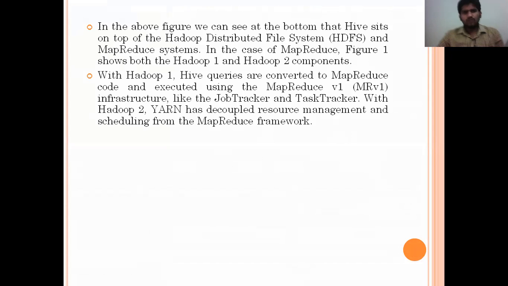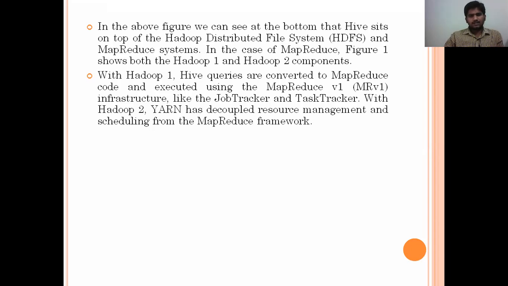With Hadoop 1, Hive queries are converted to MapReduce code and executed using the MapReduce MRv1 infrastructure like job tracker and task tracker. With Hadoop 2, YARN has decoupled resource management and scheduling from the MapReduce framework.